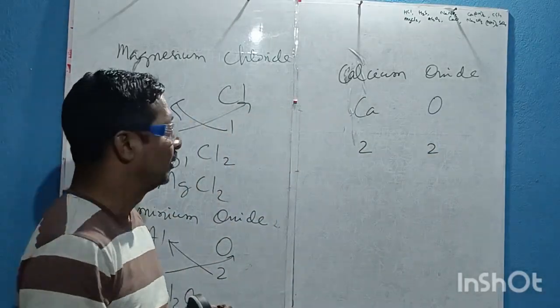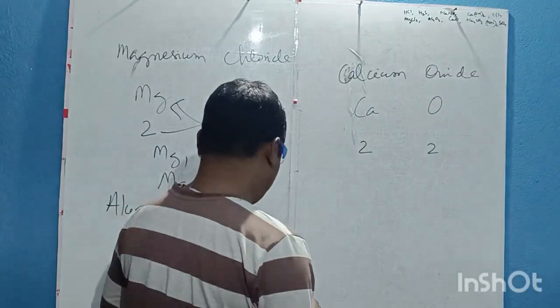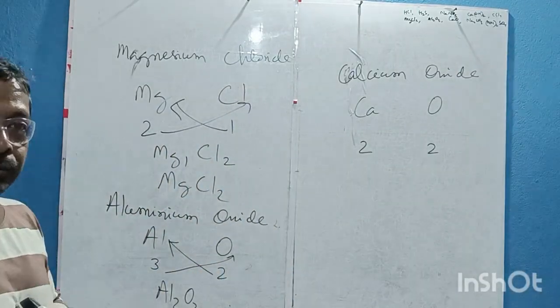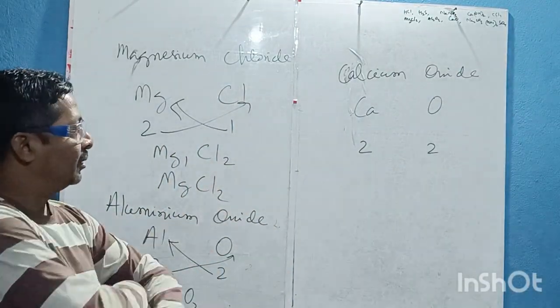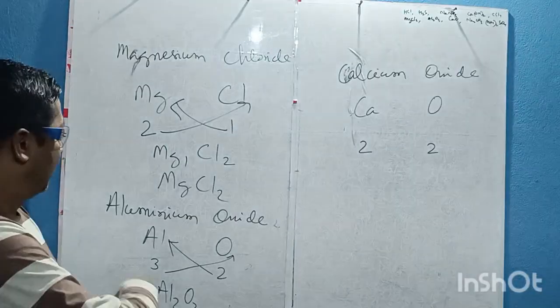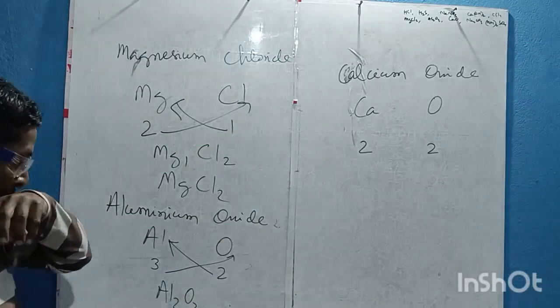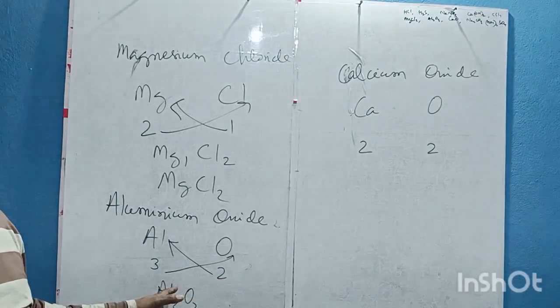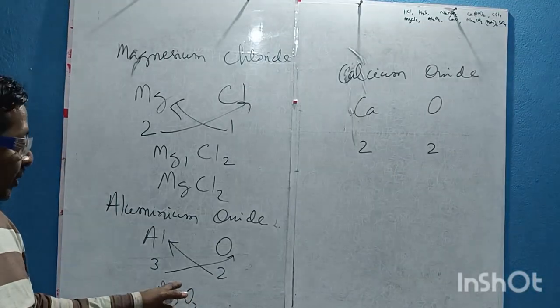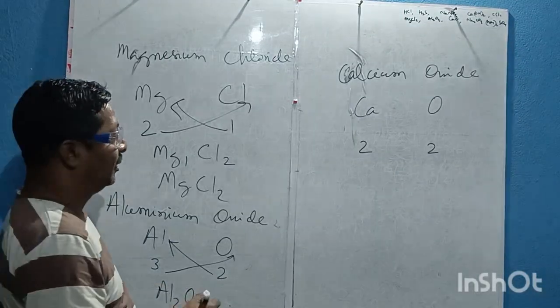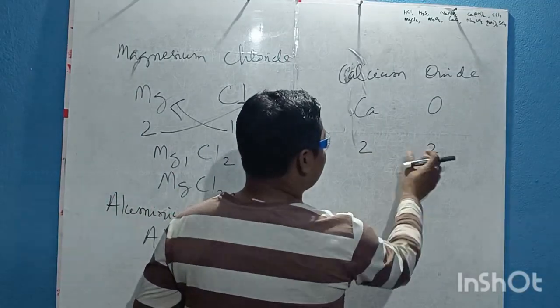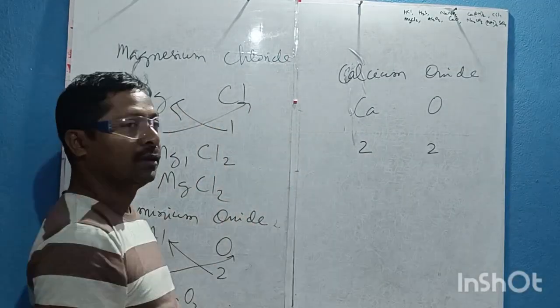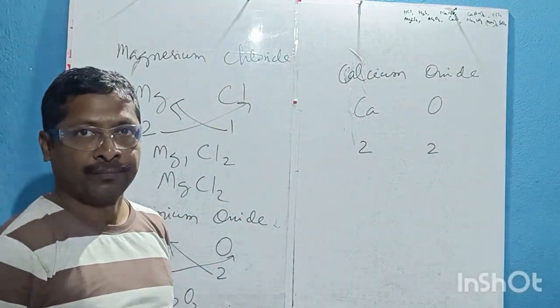Another thing is to be noted. Here there is 3 and 2, both are prime numbers, so no simplification can be done, but here simplification can be done. It can be reduced to lower terms.